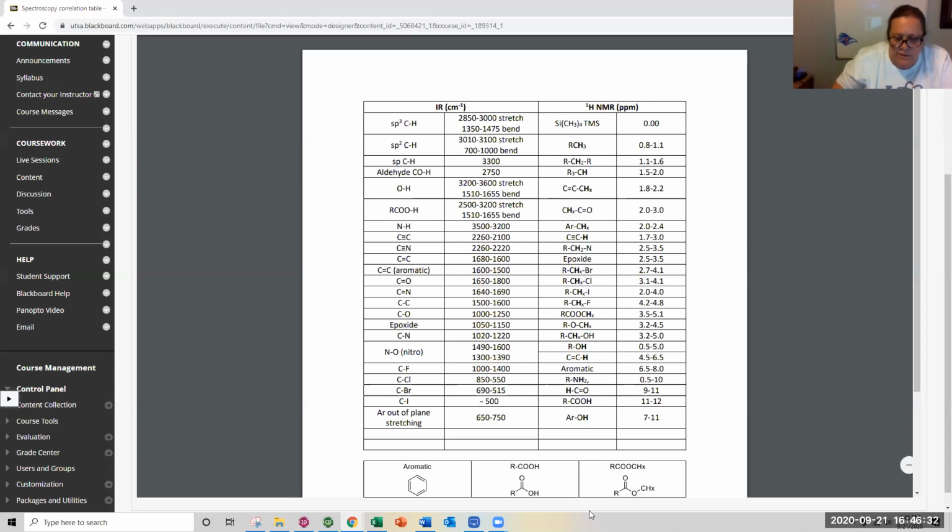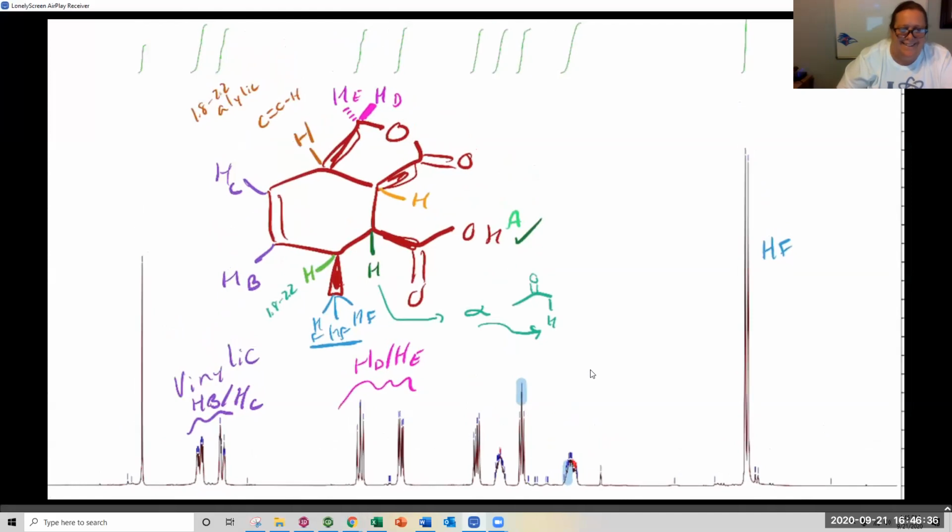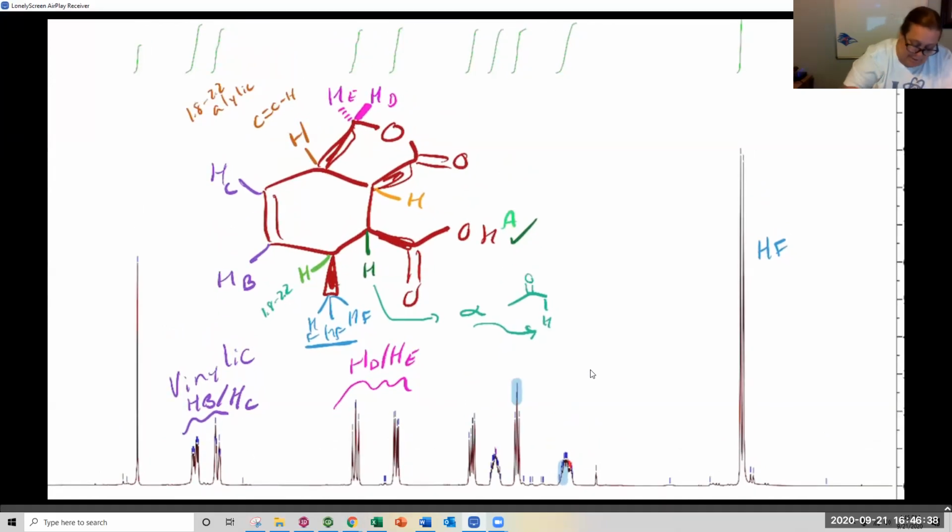Oh, sorry, guys. So you guys didn't see that, right? All right, so starting over. Okay. This proton here is what we call allylic. That's its chemical shift here. Okay.